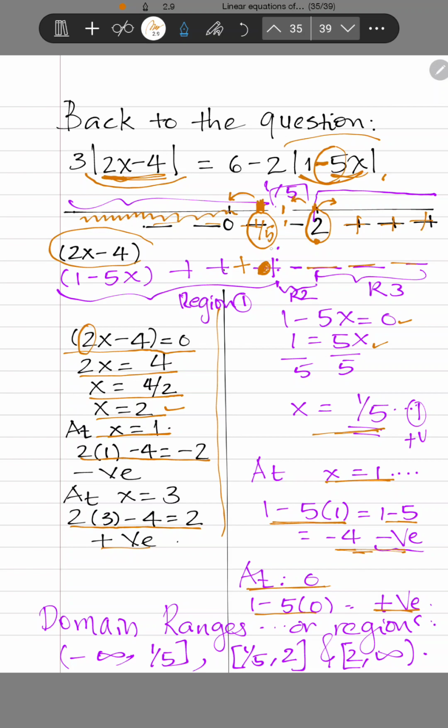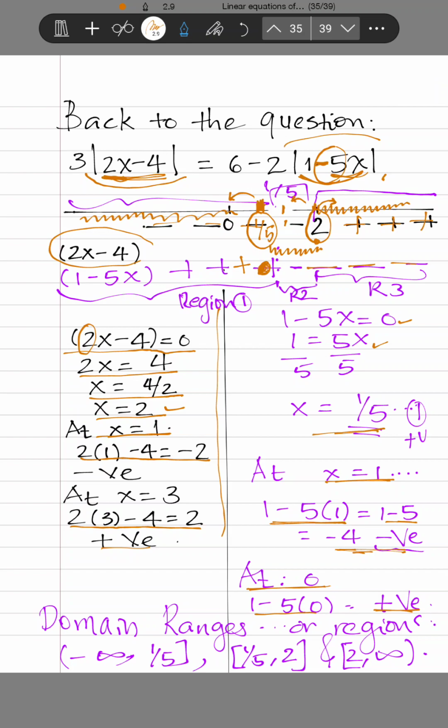The other region from 1/5 up to 2, and the third region from 2 all the way to positive infinity. These three regions cover all real numbers on the number line. So we need the regions where the character of these absolute expressions changes, positive or negative.